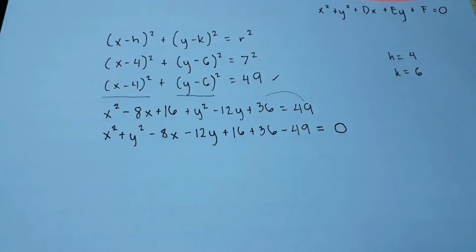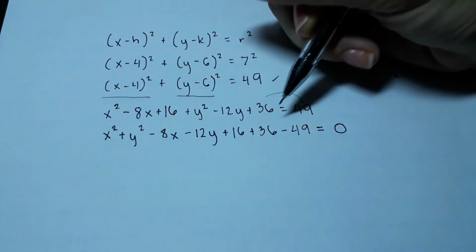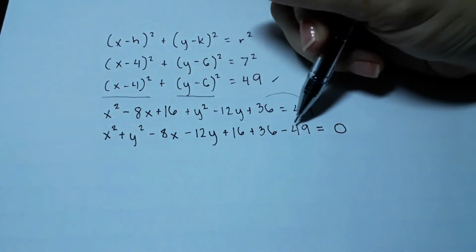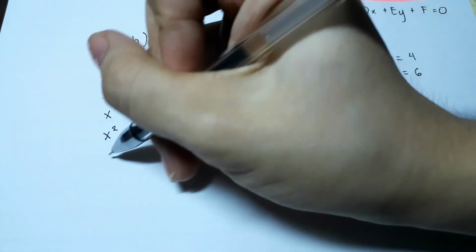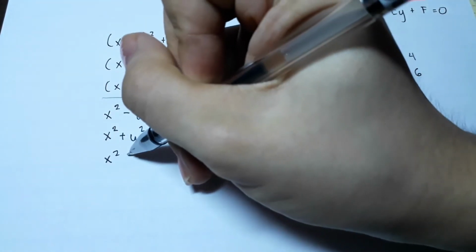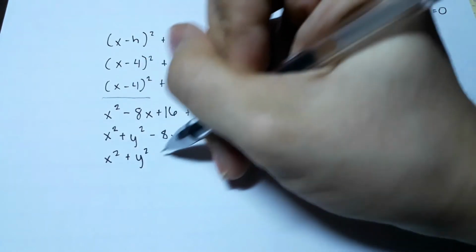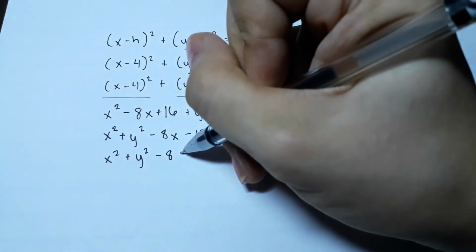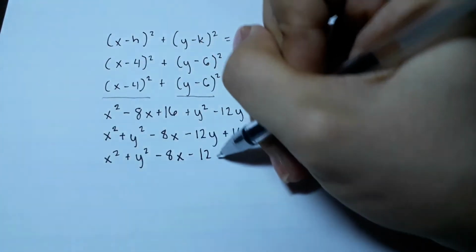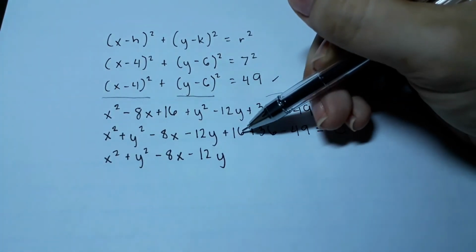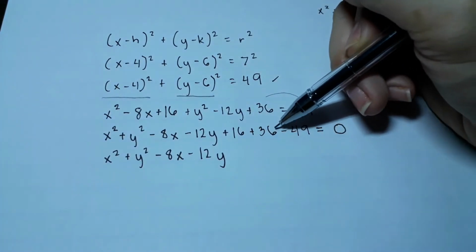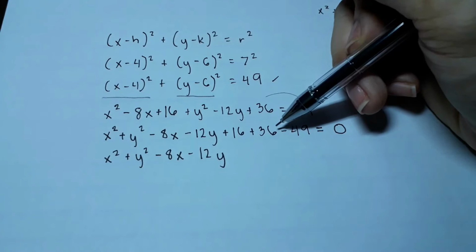Now to finalize, we must solve these three given numbers. Copy this, x squared plus y squared minus 8x minus 12y. Okay, so 16 plus 36 is 52.